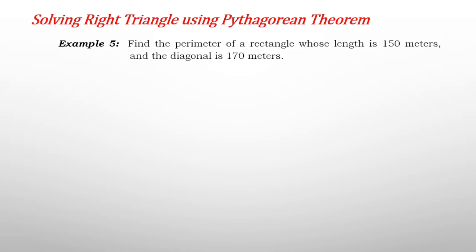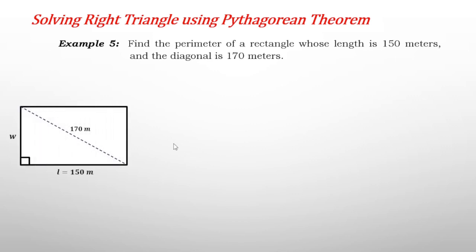Example number 5. Find the perimeter of a rectangle whose length is 150 meters and the diagonal is 170 meters. As the illustration, this is our rectangle whose length is 150 meters, then unknown for the width. And it has been said also in the problem that the diagonal of this rectangle is 170 meters, so we are going to label this as 170 meters.